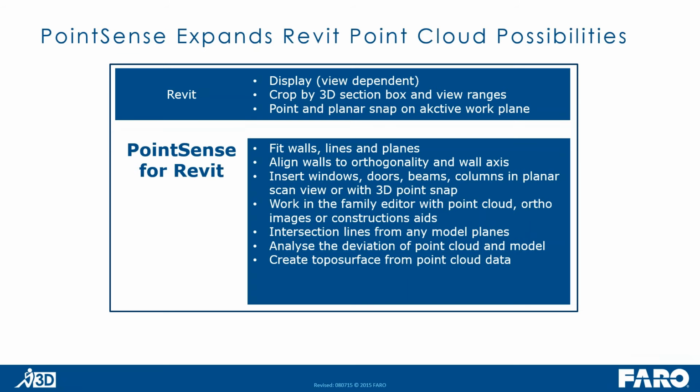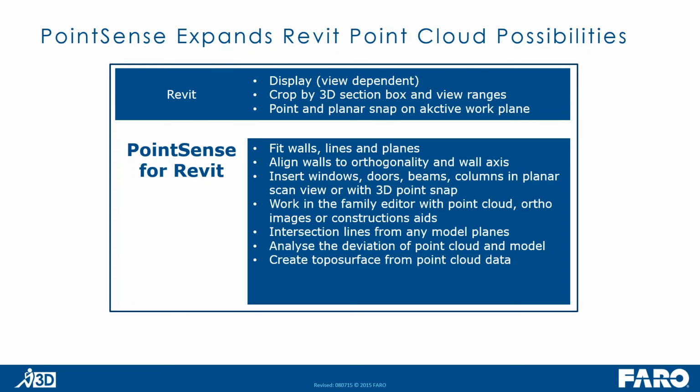So this is what PointSense for Revit can give you, beyond the functionality of Revit itself. We have tools for fitting objects like walls, lines or planes. We have aligning tools for these walls. We have tools for inserting walls and inserting objects like windows, doors, columns in the point cloud, which is 3D point snap.